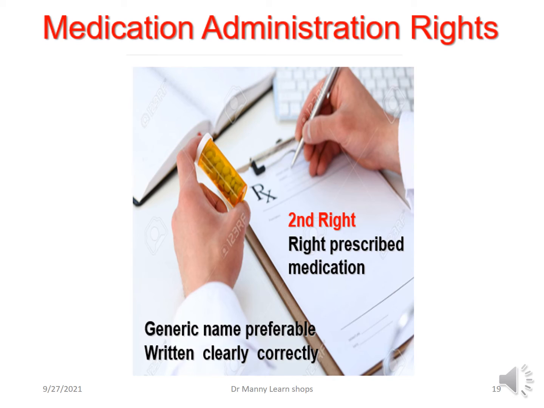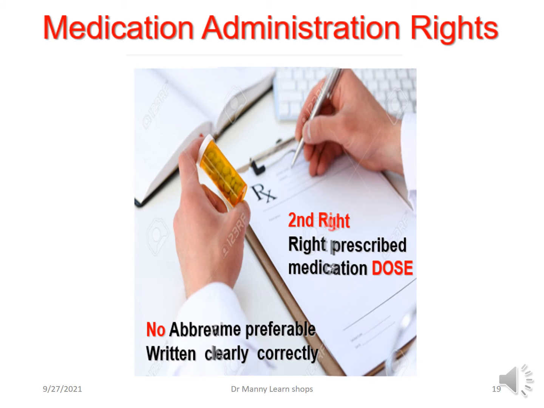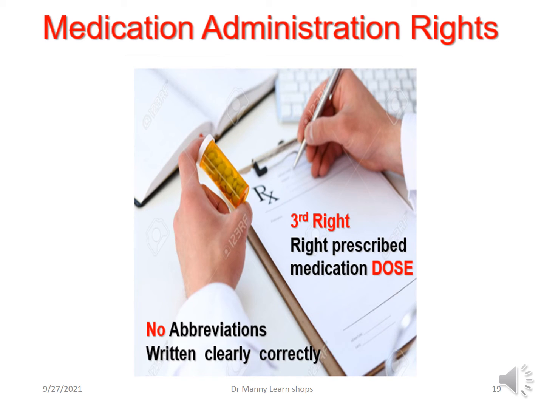Then you've got the second right, which is the right prescribed medication. And errors can be made during prescription, so it's preferable to have the physician or the reordering prescriber to write the generic name and to write clearly and correctly. The third medication right is the right prescribed medication dose.